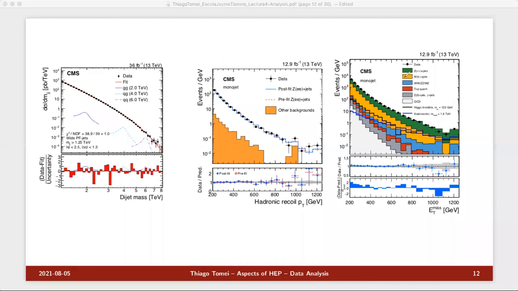So you look, for instance, at the pT of a process Z to ee, which is mostly dominated by this white histogram here, which is Z to ee.